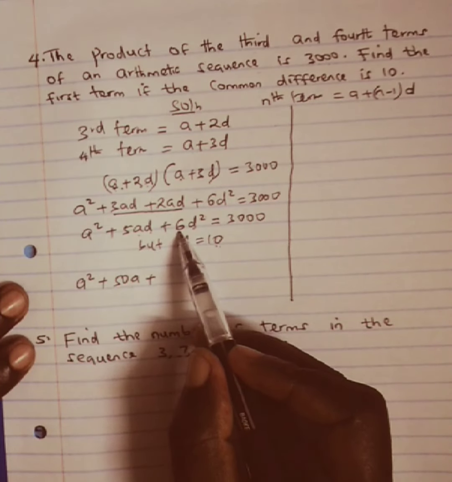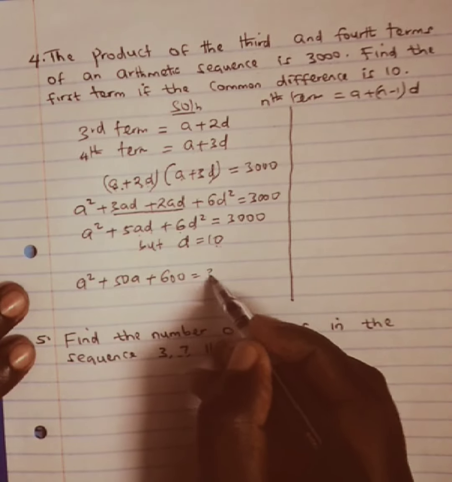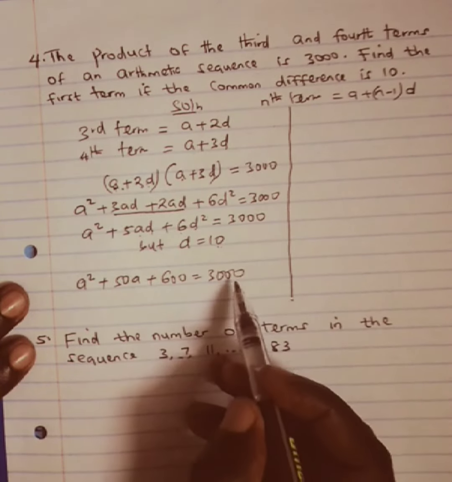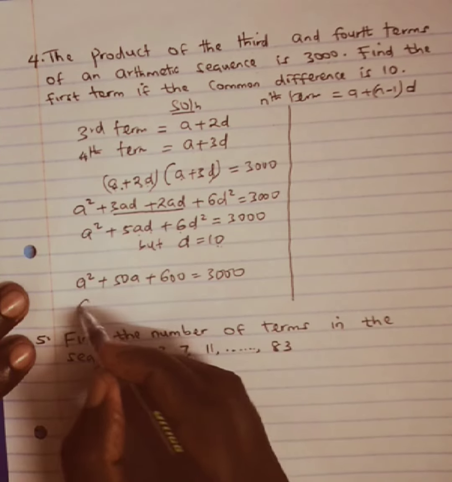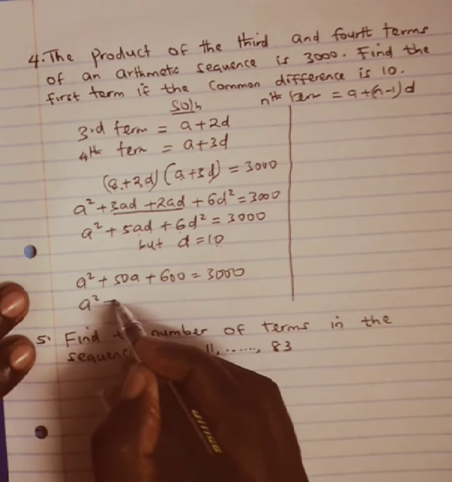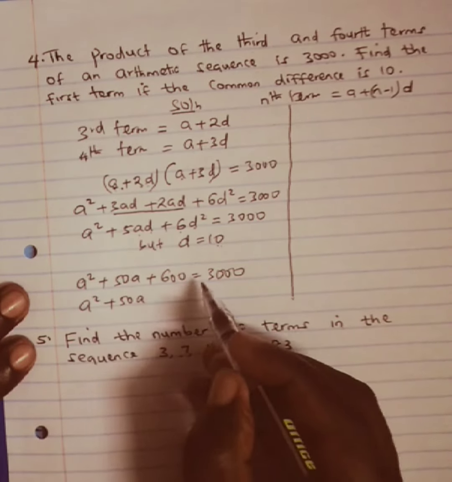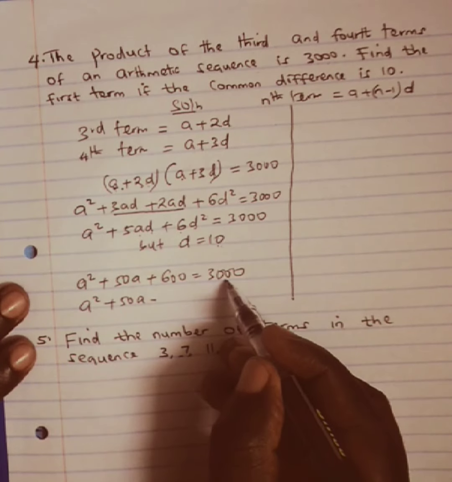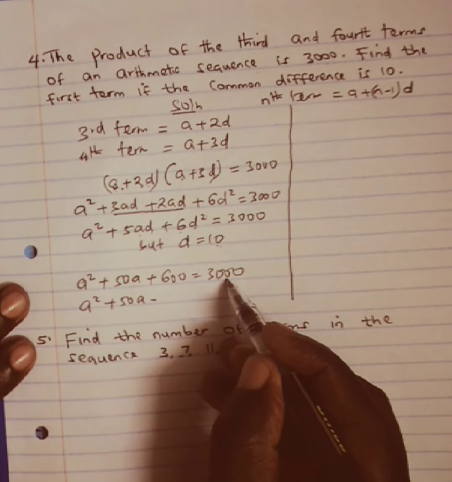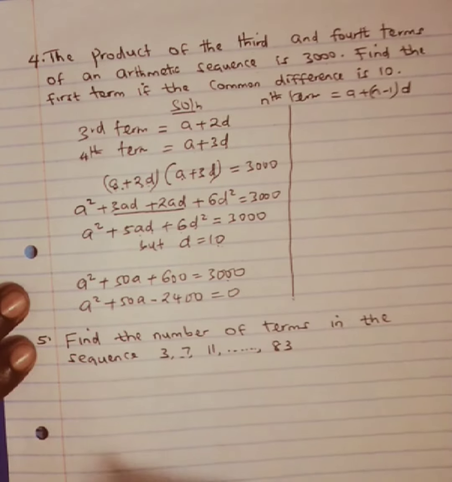You multiply by 6, you get 600, and this one is going to be equal to 3000. So if you bring this 3000 to this other side, we are going to have a squared plus 50a minus, this is 600 minus 3000, which gives us 2400 being equal to 0.